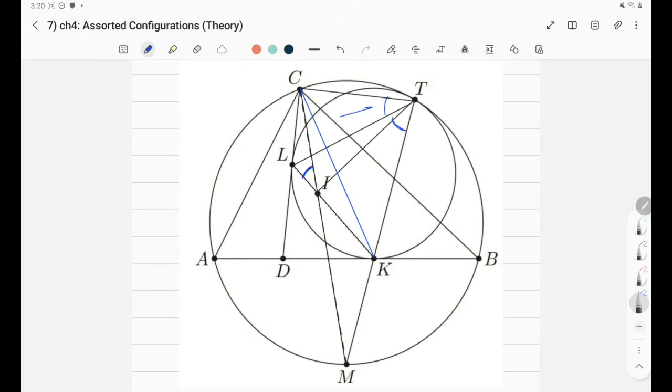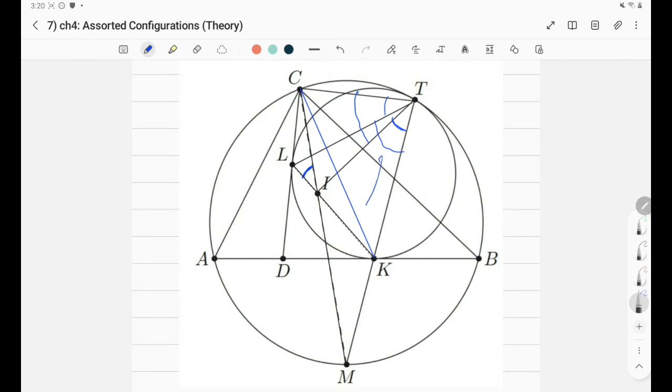So instead of showing these two are equal, we can, for example, show that this is equal to this. If we want to show these two are equal, then look at this big one here.